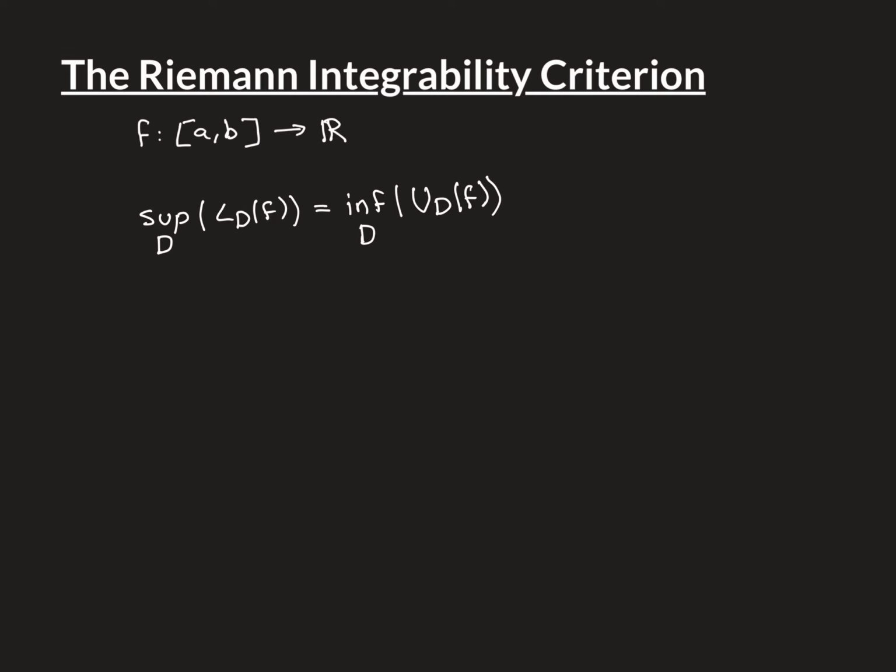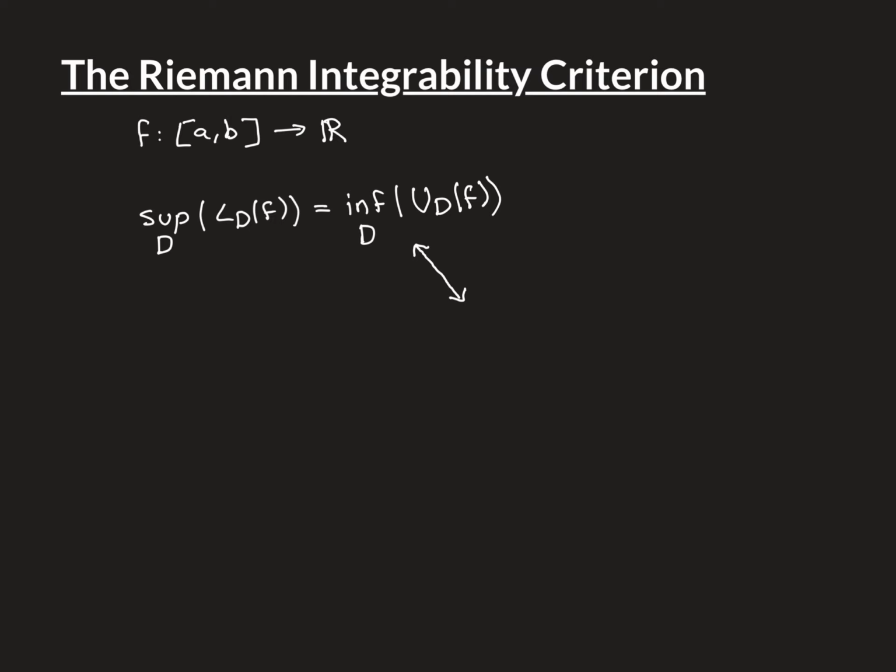So now let's write down the Riemann integrability criterion. The thing that we want to prove in this video is that this is equivalent, so I can put a biconditional there: the function is going to be Riemann integrable, satisfying this definition, if and only if this criterion is met.